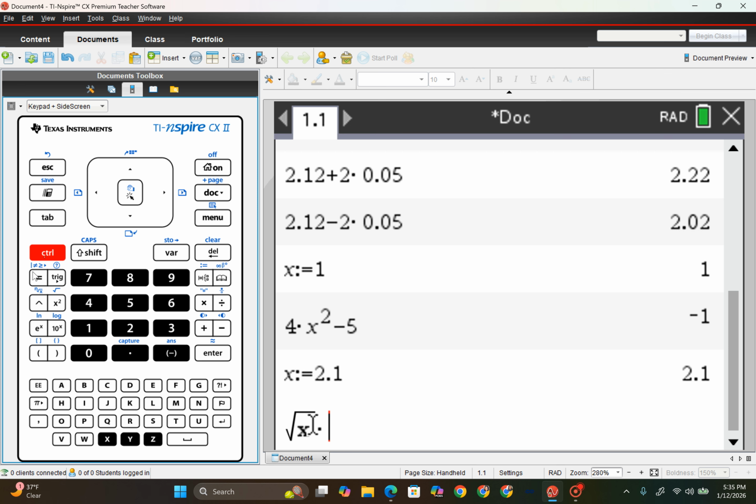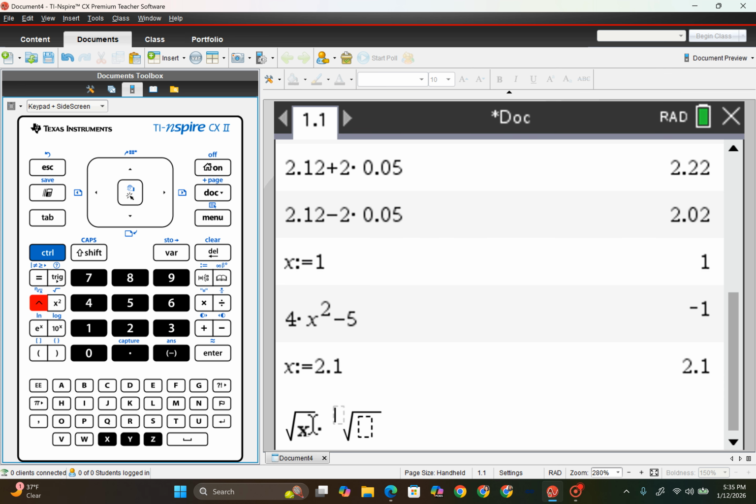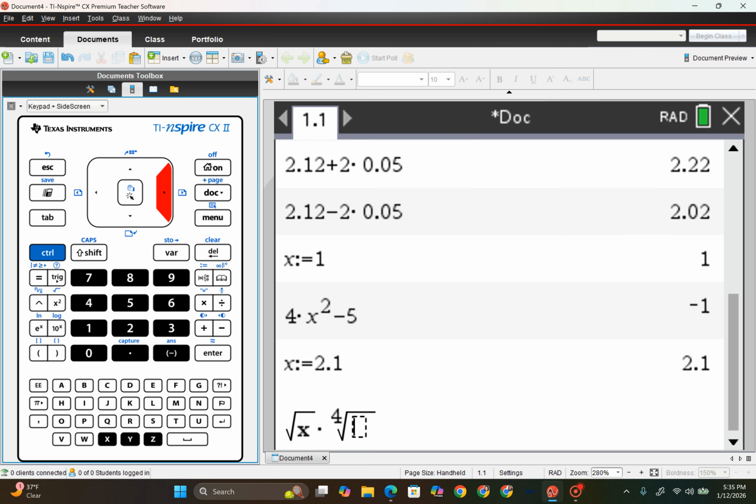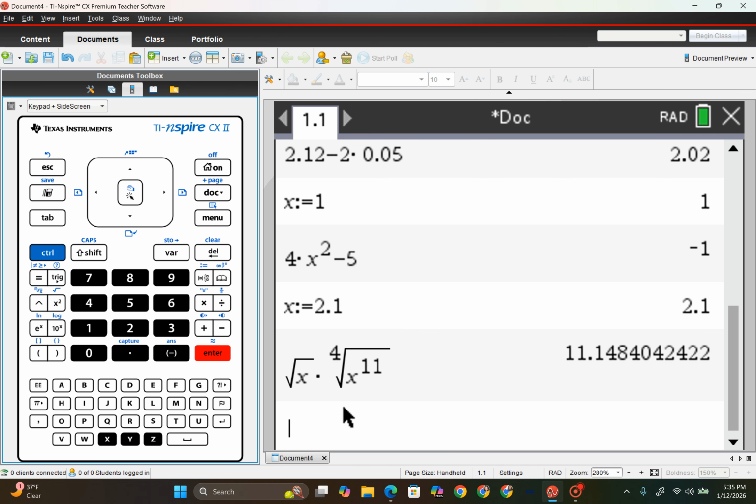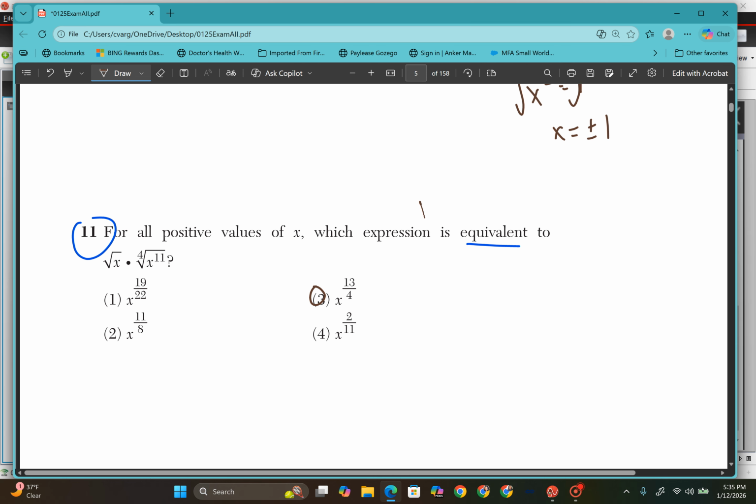You hit control and then this little arrow. See that red thing that's there? So now we can put the 4, go in, put the x to the 11th, and then I'm going to hit enter. So this is my answer that I'm going to look for, 11.148. So this is what this expression is equal to, and then I have to see which one matches.